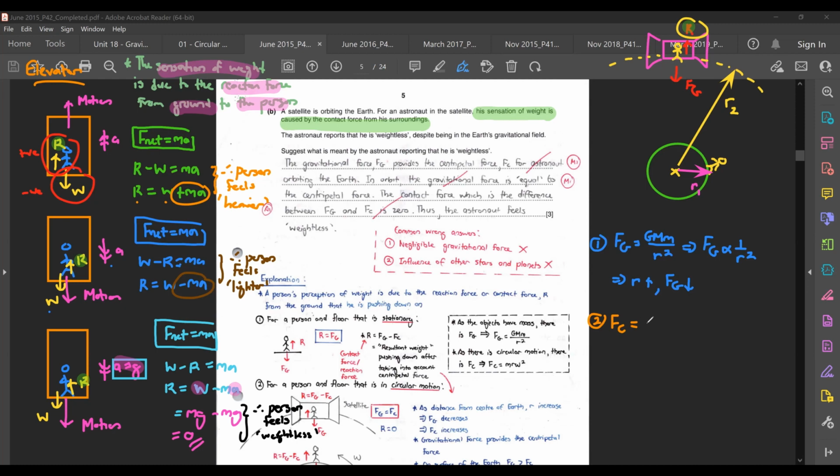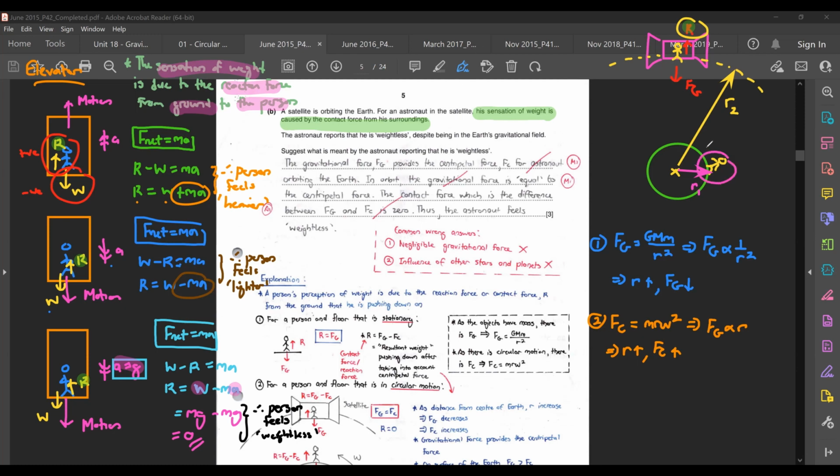Centripetal force is actually m r omega squared. So here, if everything else remains constant, Fc would be proportional to R. Okay, the bigger your radius, the bigger your centripetal force. That's what you can see from here. Okay, so if your R increases, your centripetal force would increase. Okay, so let's consider this now.